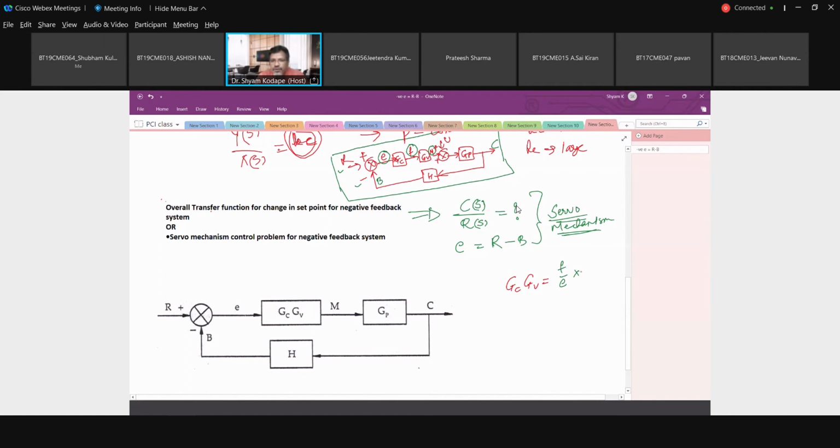What is the output of GV? m upon f, so ff will get cancelled, m by e. So I can represent the single block of these two as input is error, output is m. Agree? Agree, students?